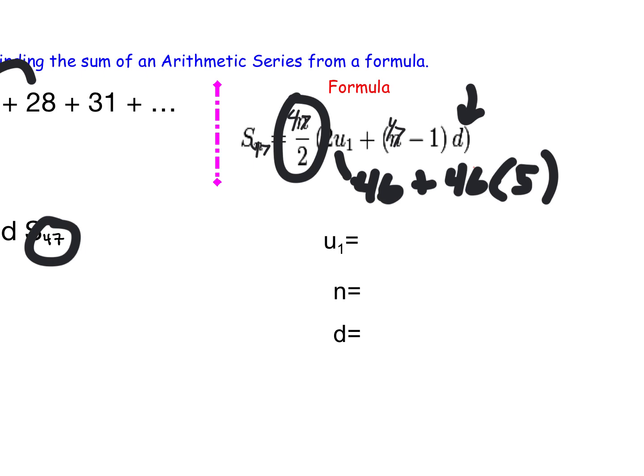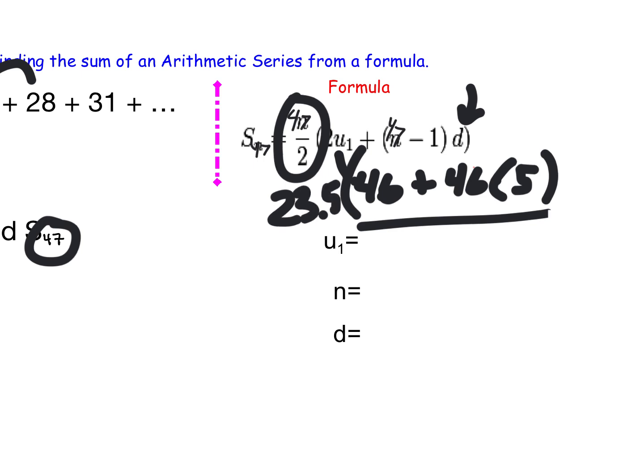47 divided by 2 is not nice. And 46 plus 46 times 5 is not nice. And I get a calculator out, and I type that in. So here's my calculator. Clearing it off. I'm going to go 47 divided by 2. That's 23.5.